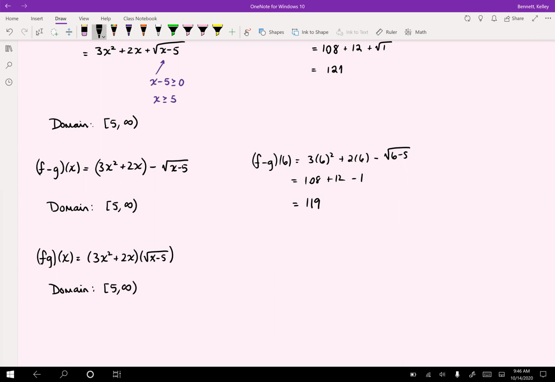So I still have that, and I'm just going to go ahead and evaluate at 6. So now I get 3 times 6 squared plus 2 times 6, times the square root of 6 minus 5. So that's giving me 108 plus 12 times the square root of 1. And so this is just 120 times 1, which is 120.